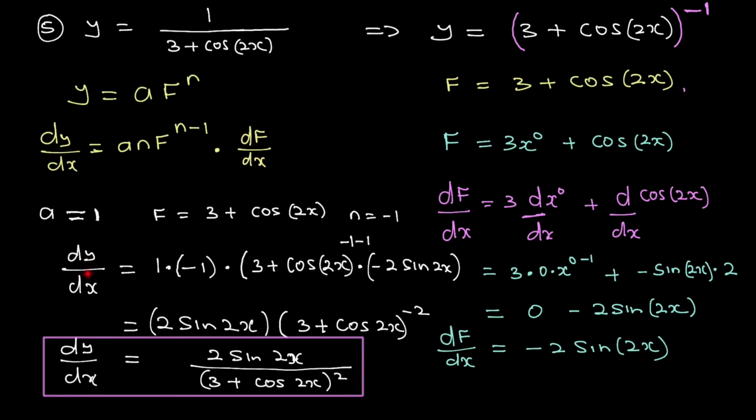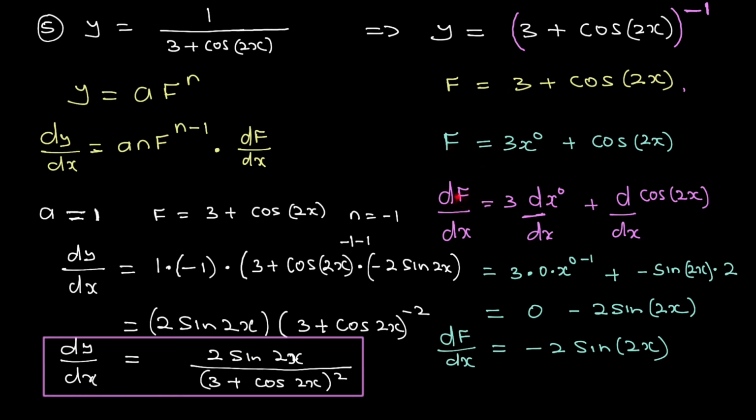differentiation here. The dy/dx will be, I need to apply this. a is 1, n is minus 1, times f, but f is 3 plus cos 2x. That's 3 plus cos 2x to the power minus 1 minus 1, times the df/dx. But the df/dx I need to find. So I'm differentiating that.